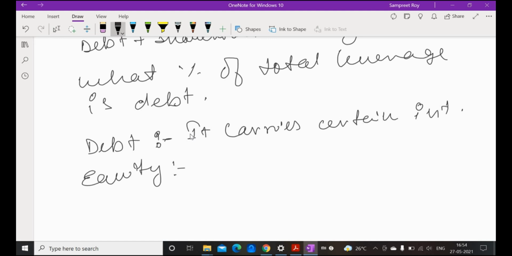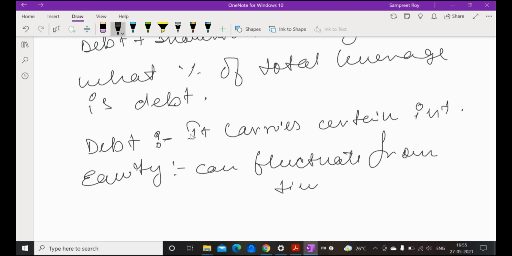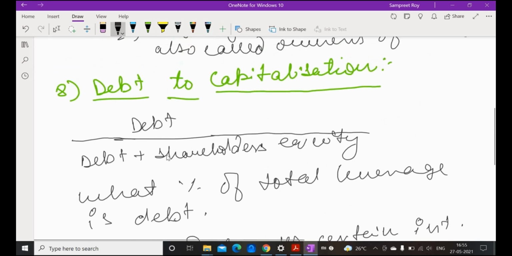But in the case of equity, it is not the case, because equity shareholders' returns can fluctuate from time to time. So that is why investors always prefer that the company in which they will be investing has minimum debt to leverage ratio.